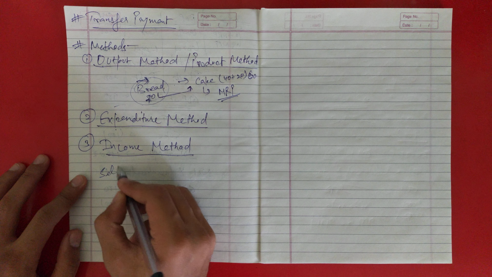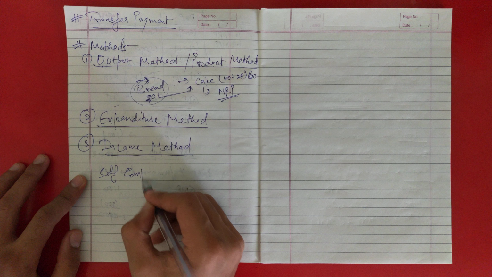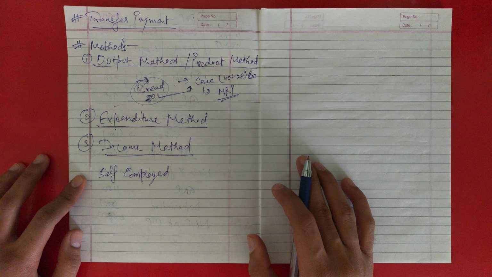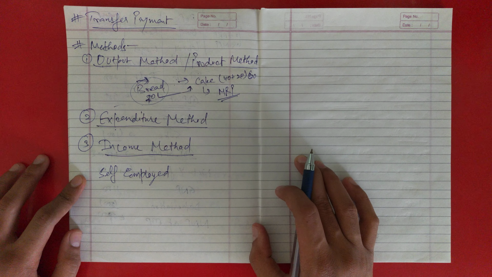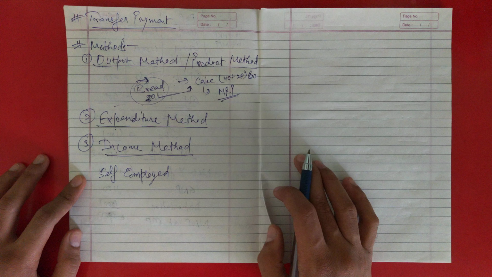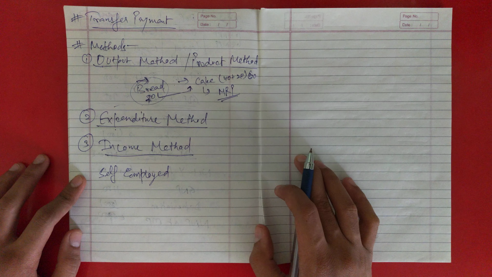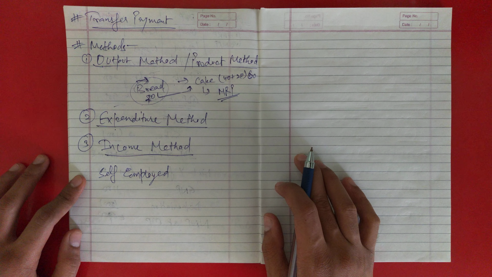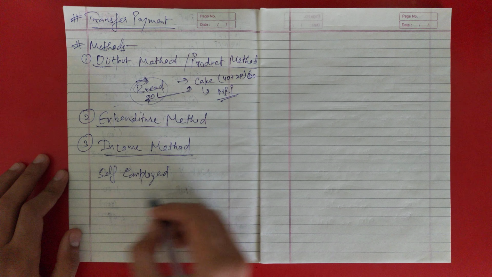Also, there is one important point to note here: there are some self-employed persons who employ their own labor and capital. For example, a doctor has their own capital and own labor, and there are advocates, CAs, lawyers. So there can be many such incomes.